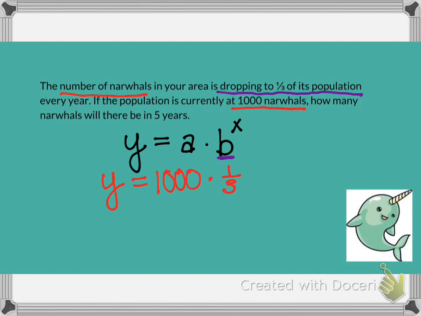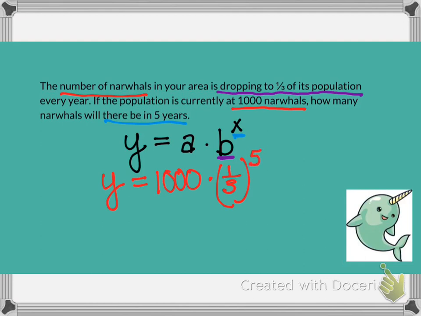So 1/3 is going to be the base in my exponent. And the last part it's asking is, how many narwhals are going to be there in 5 years? My x, my time, is 5 years. So for that equation, I'm going to put a 5 up in the exponent spot.